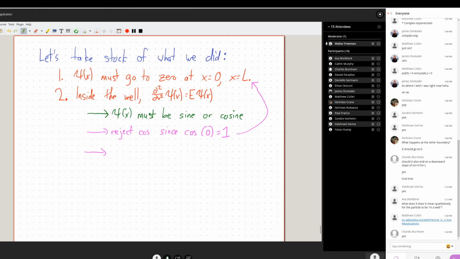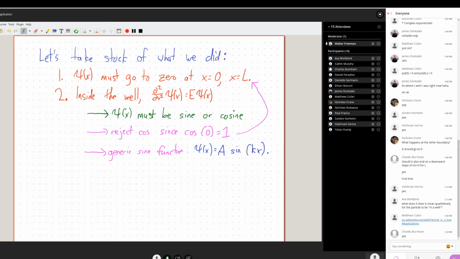And then we said that a generic sine function is psi of x is some amplitude times the sine of some wave number times x.